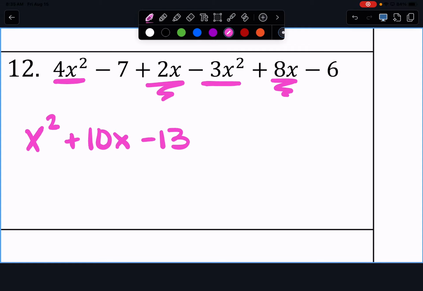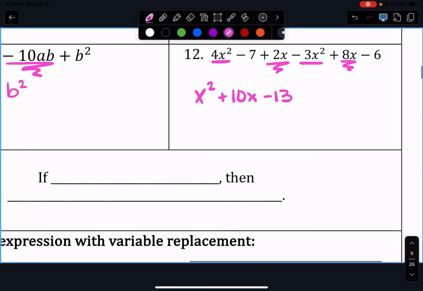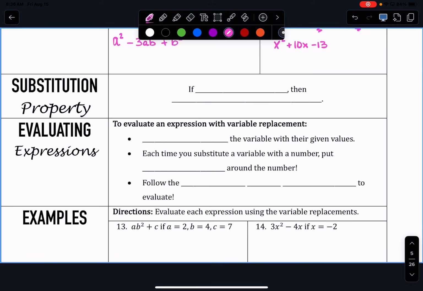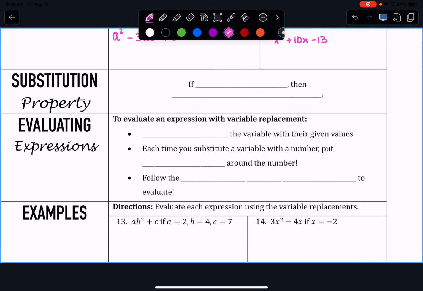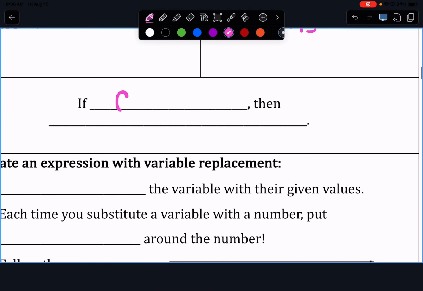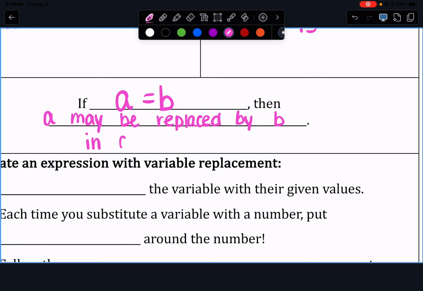All right, we are also going to talk today about substitution. What does substitution mean? You're switching something out for another. The substitution property says if A equals B, then A may be replaced by B in any expression.